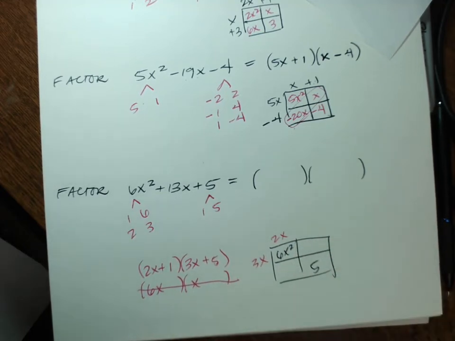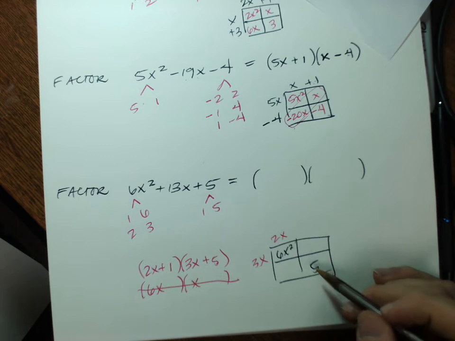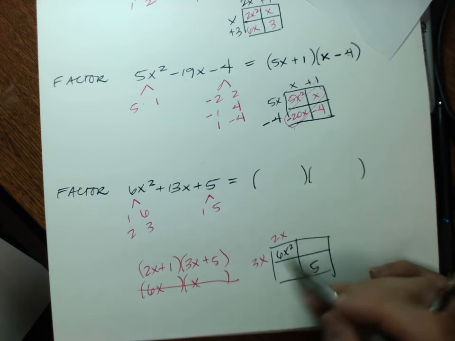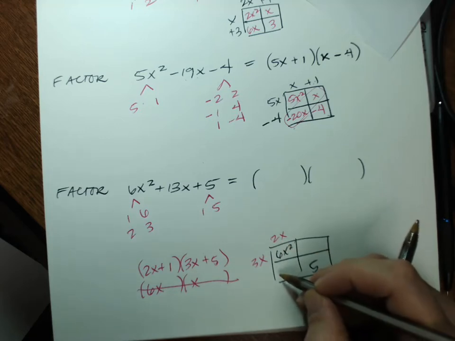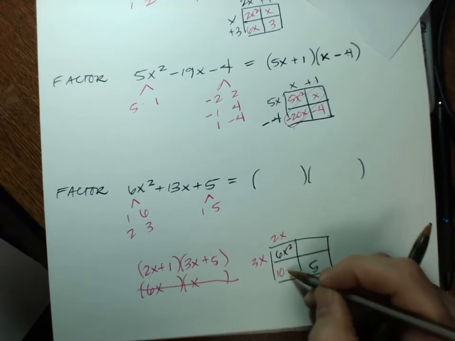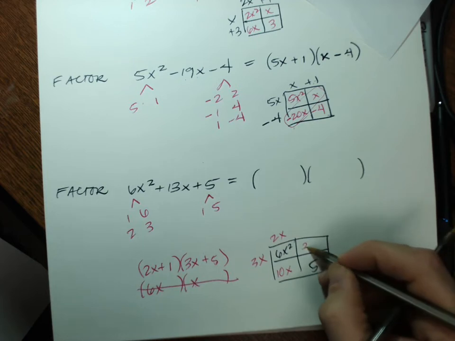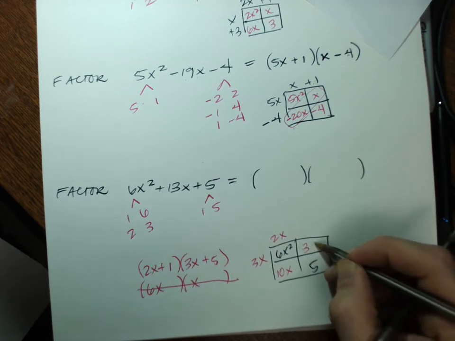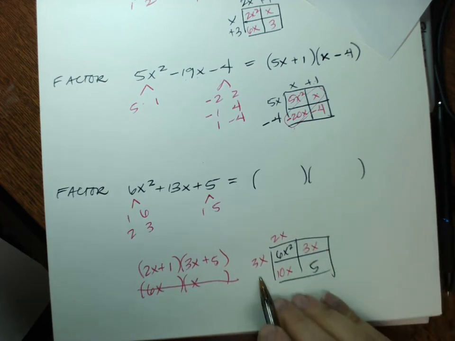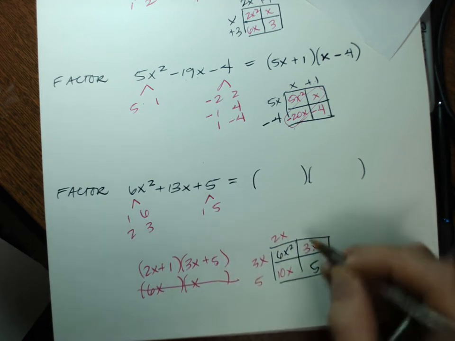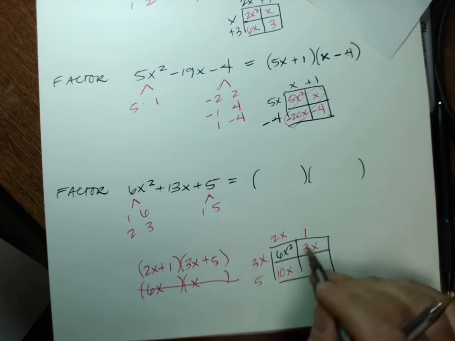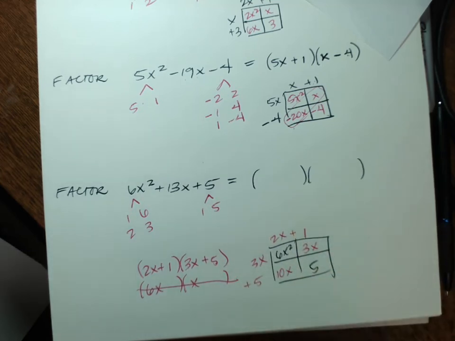And we have 5, so it's 1 times 5, and then I just had to figure out where they went. And since it has to add up to 13, this would be 10x. So it'd have to be a 5 and a 1 to multiply to make this puzzle come out.